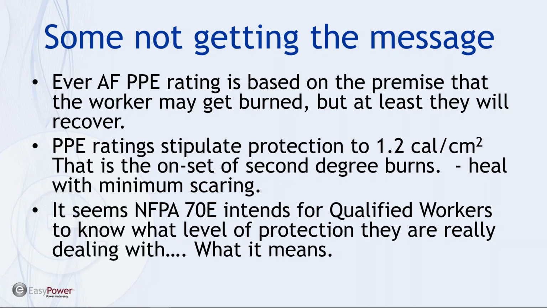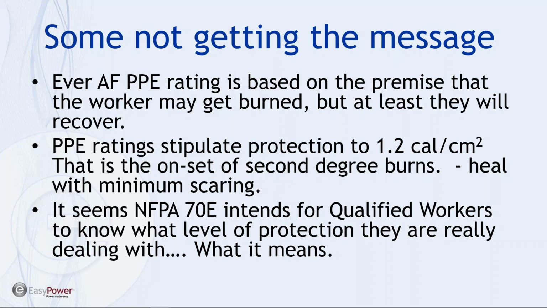Now, if my company's really committed to the safety of the worker, this may not be good enough. And especially if I, as the person doing the work, am disregarding whether or not the PPE is covering the energy produced or potential energy that could be produced in a mistake or an accident, why would I disregard what that incident energy is?